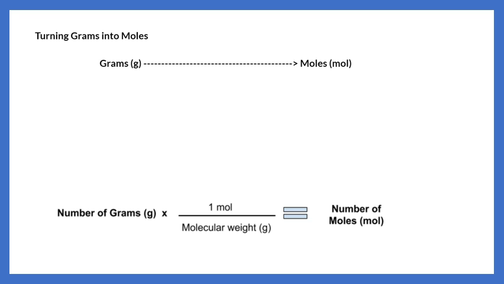So now you're going to turn grams into moles. So instead of starting with moles, you're going to start with grams. And you do this by dividing by the molecular weights. And if we look, we have grams up top, we have grams on bottom, leaving us with moles on top, so we're going to get moles in the end.